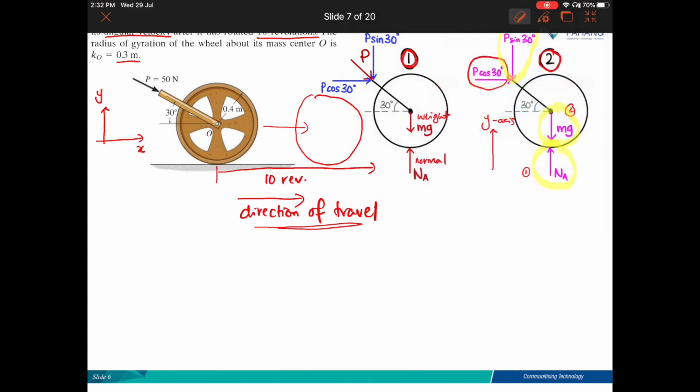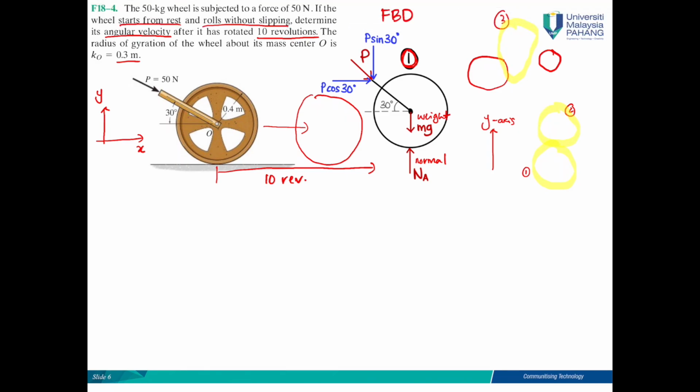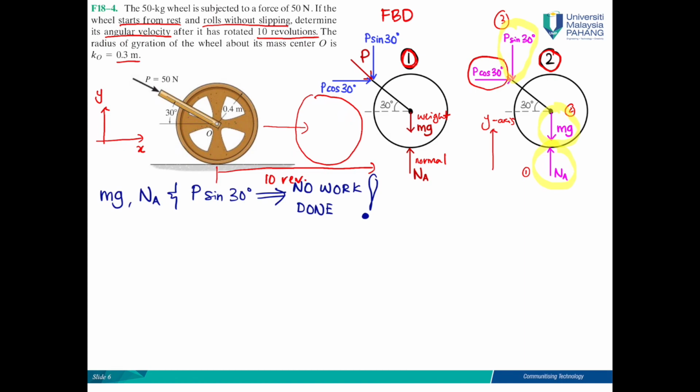All right, so let me erase this first. So now we are saying that mg, the weight, the normal force Na, and the P sine 30 are not doing any work, because the wheel is traveling in the x-axis direction, and these forces are in the y-axis.